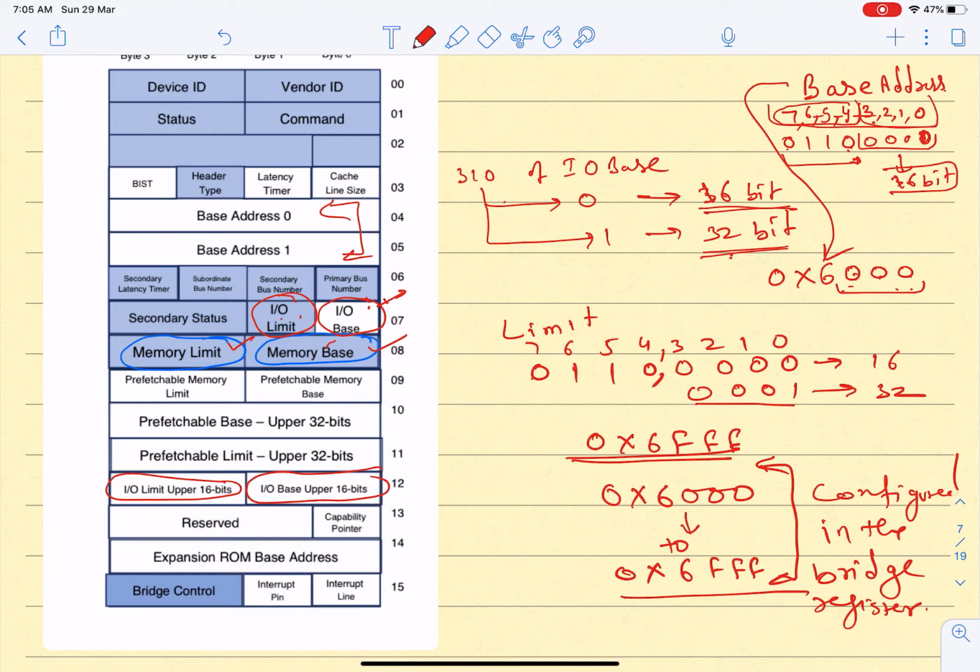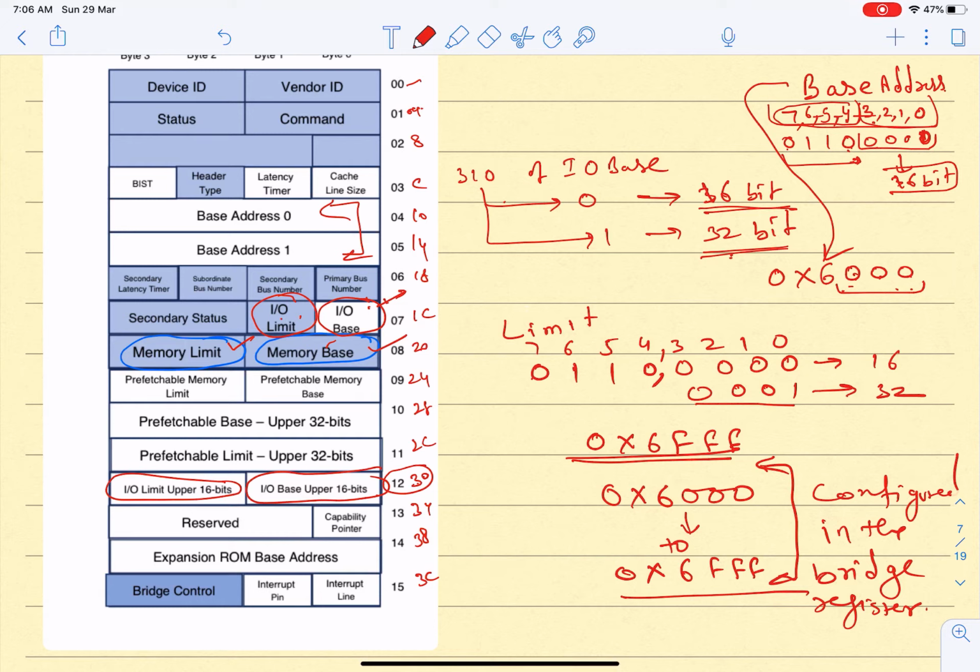Let's suppose we write at address location 12, it's decimal; we know that 0 corresponds to 0, 1 corresponds to 4, 2 corresponds to 8, and 3C, 10, 14, 18, 1C, 20. This is hex address 24, 28, 2C, 30, 34, 38, 3C. So for configuring the upper 16 bits of IO address space, we need to write at offset of 30 in hex.